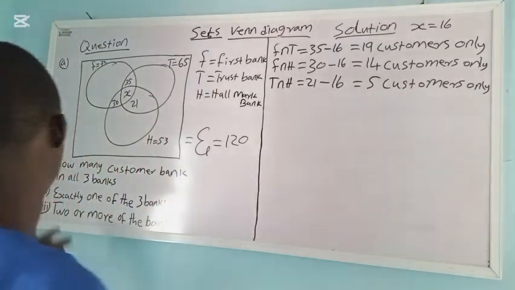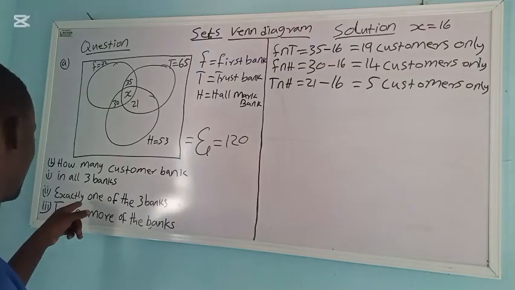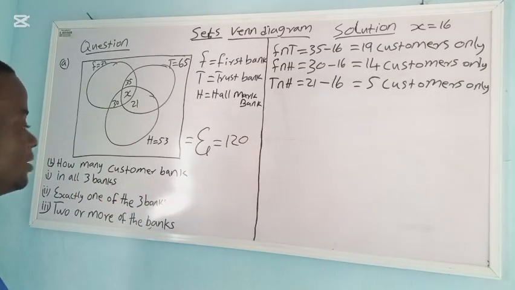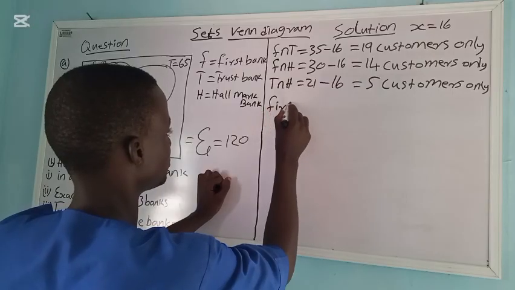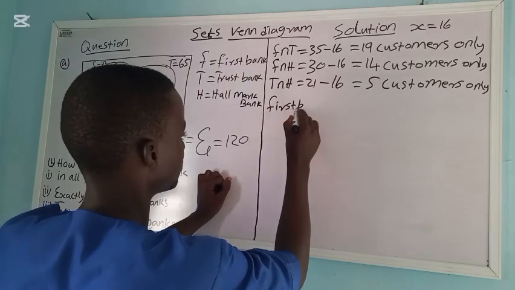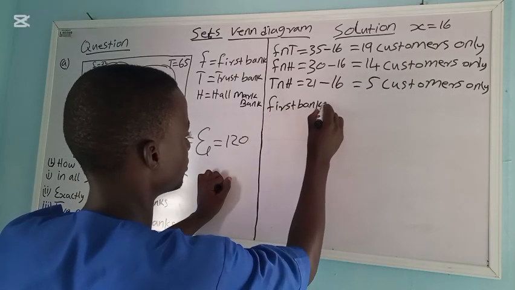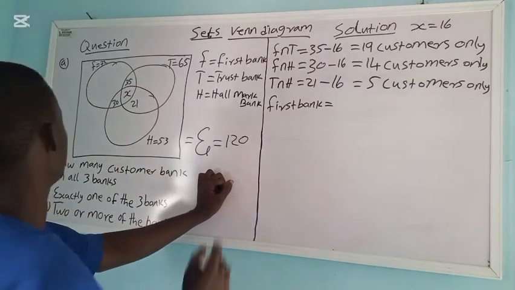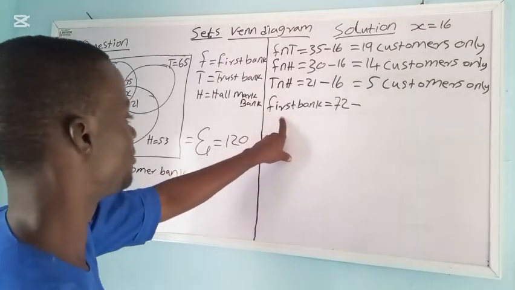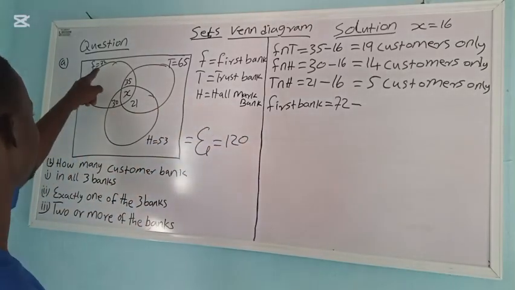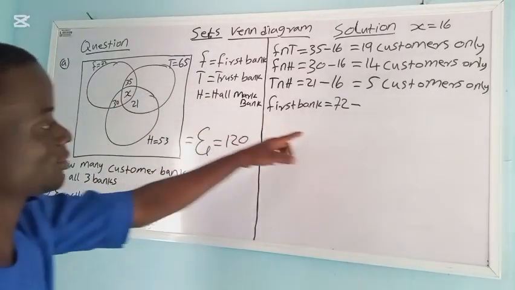So now we want to find the exact people that bank with only one bank. For the first bank, we have 72. First bank has 72 customers.